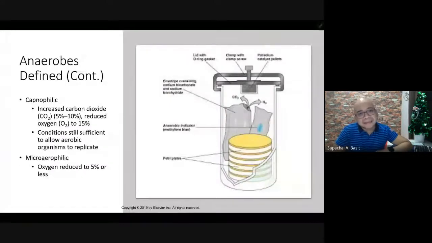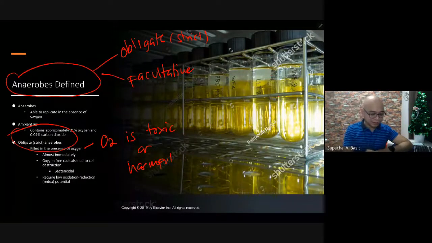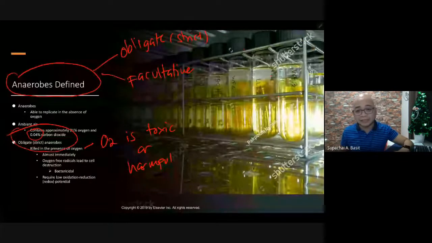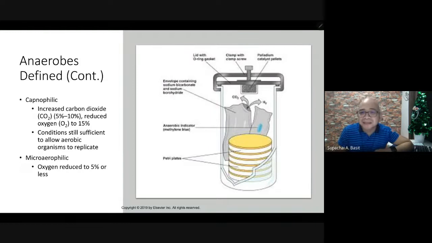Since I mentioned a while ago that our ambient air, the one that we are breathing right now, only contains about 0.04% carbon dioxide, some anaerobes are also classified as capnophilic. When we say capnophilic, they are carbon dioxide loving bacteria. You need to increase the CO2 level to around 5 to 10% and reduce the oxygen level by about 15%.